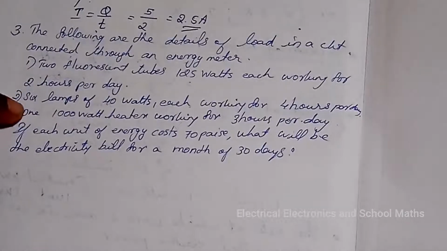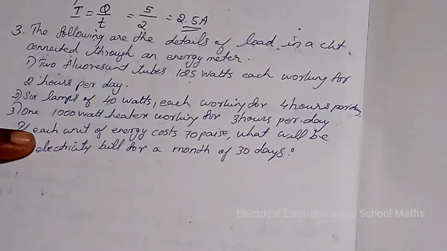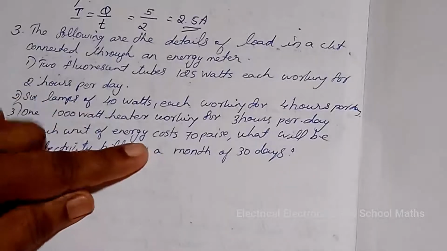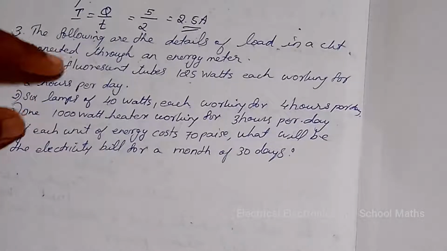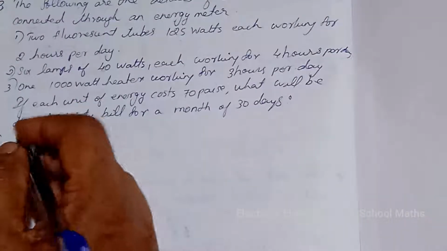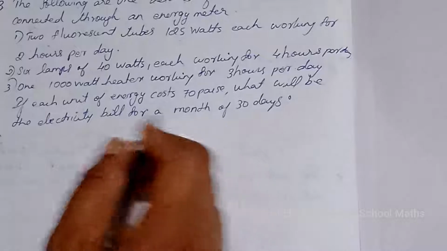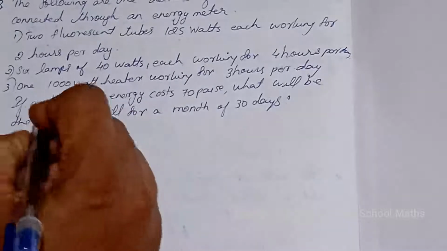So, for calculating the electricity bill, we have to find the energy consumed by each of the appliances. First, we have to find the total power of each appliance.